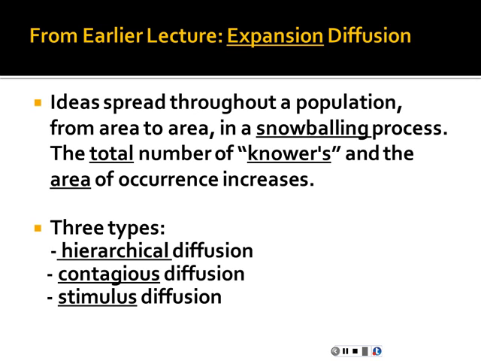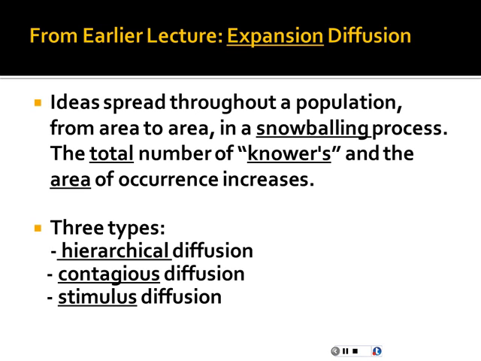The country they were originally from has lost someone who practiced Islam. But they moved to a new country, and so they brought their ideas with them, but they don't necessarily have to share them, right? So the total number of knowers doesn't really increase, so that's not expansion diffusion.